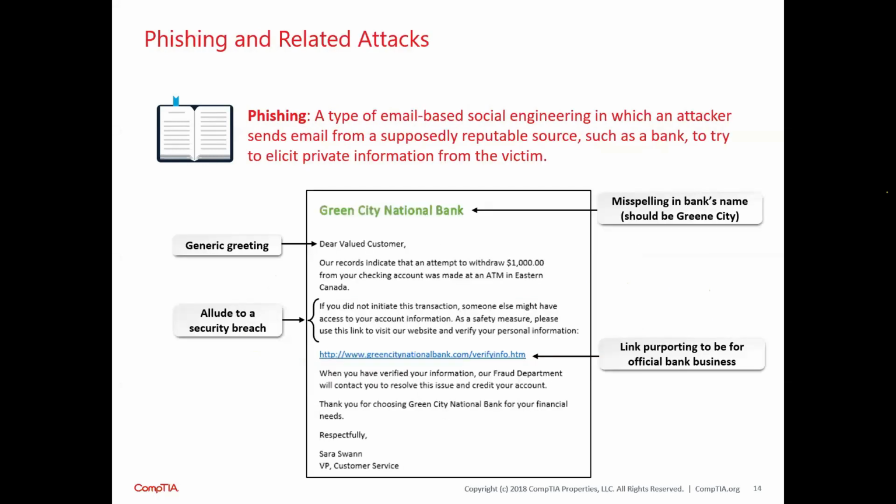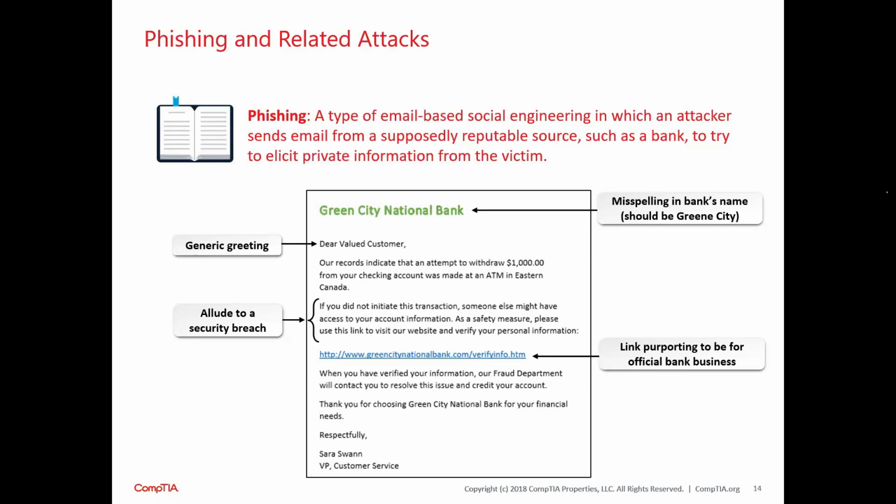Now, these are some of the examples of phishing and related attacks. As I already mentioned, phishing is an example of a social engineering attack. It is a type of email-based social engineering in which the attackers send email from a supposedly reputable source, such as a bank, to elicit private information from the victim.